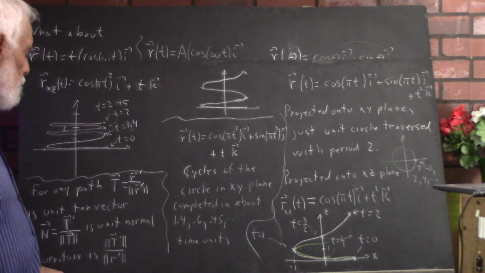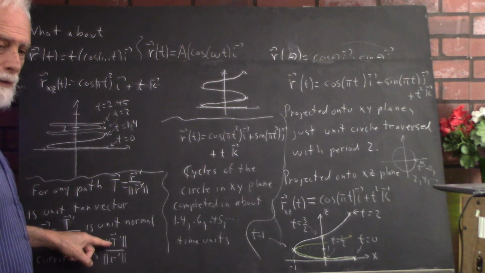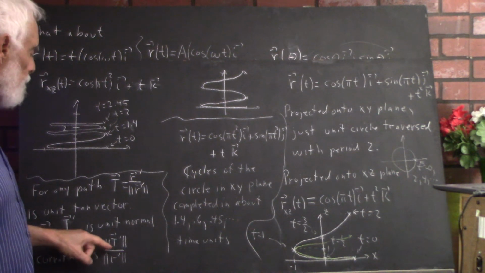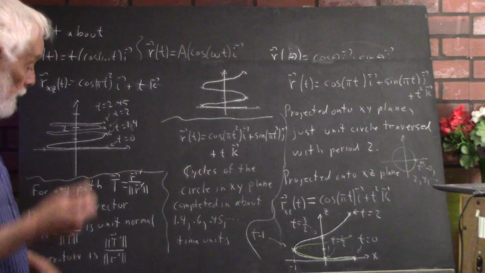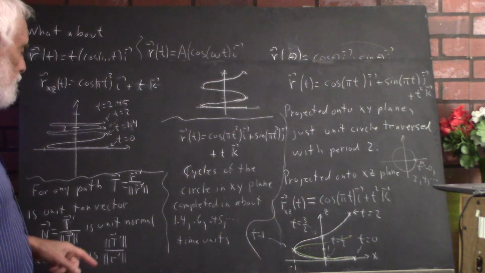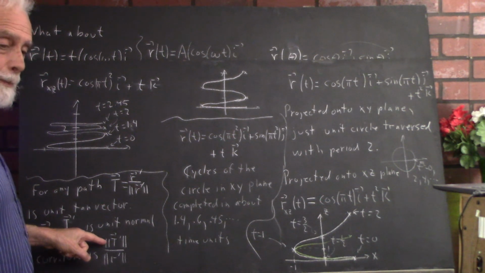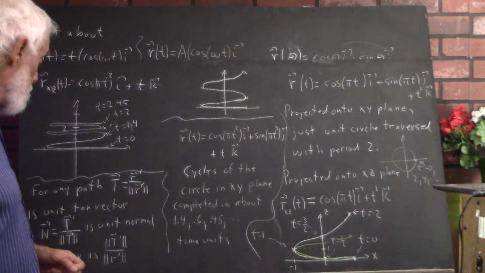The faster you go around the circle, the faster T is going to change; in other words, the greater the value of T prime. You compensate for the fact that if you're going faster on the circle, T prime is going to be bigger for the same 2 points.